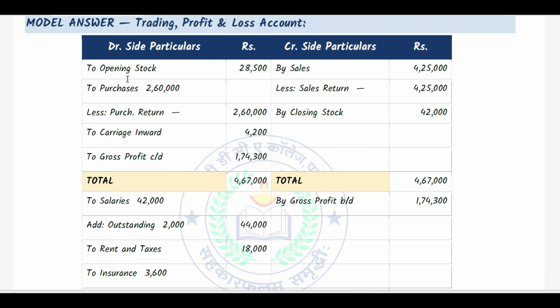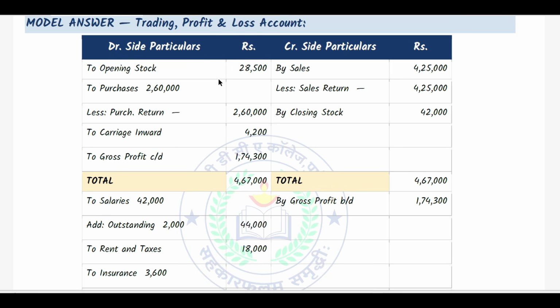Then on the debit side, to purchases 2,60,000 rupees, less purchase returns, to carriage inwards 4,200 rupees, to gross profit 1,74,300 rupees. So that total is coming up to 4,67,000 rupees.